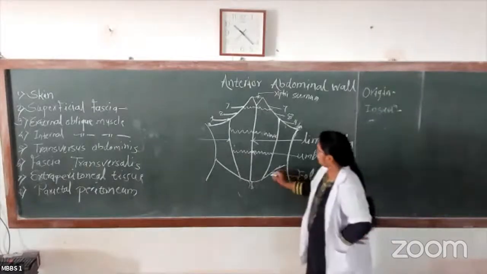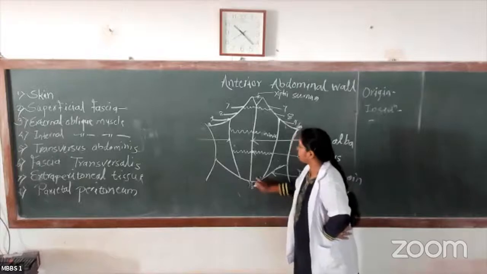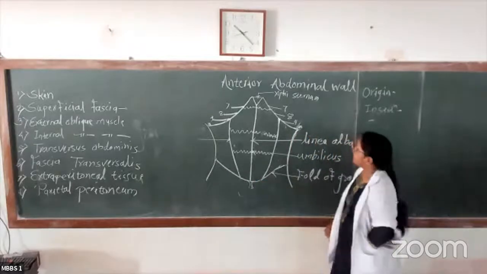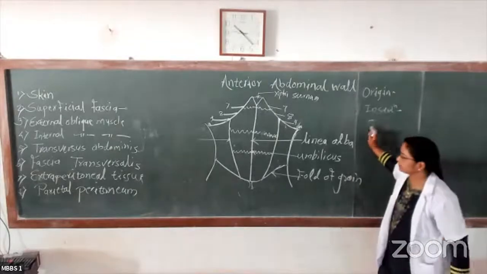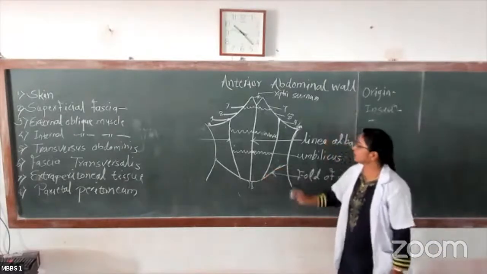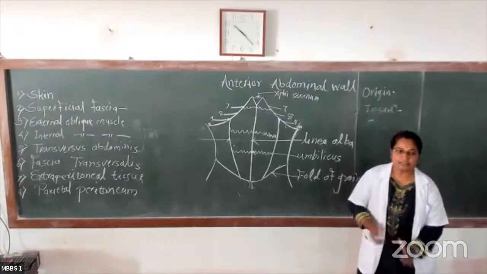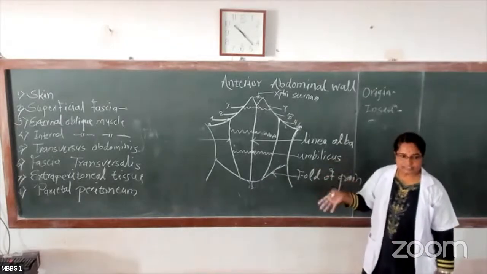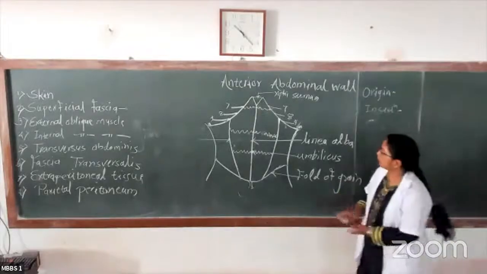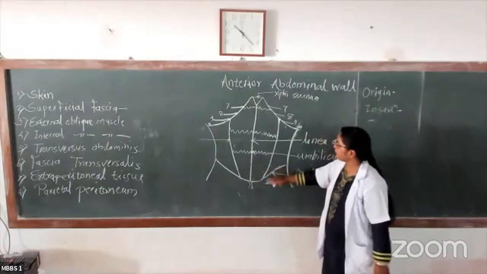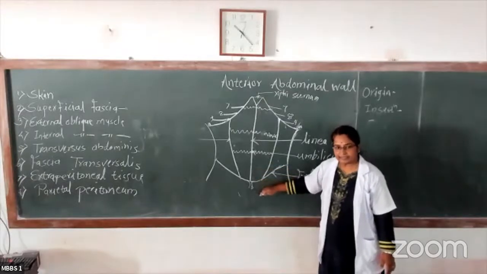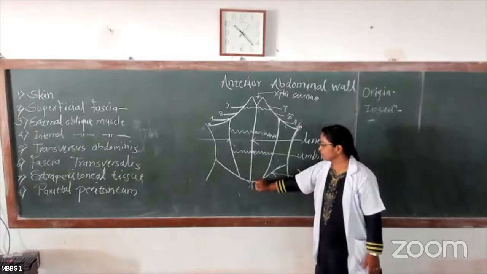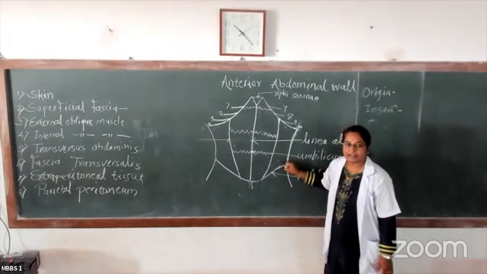Now above the pubic crest, there is one triangular opening in this inguinal ligament. The inguinal ligament is nothing but the aponeurosis of the external oblique muscle; its lower part folds back on itself, and thus the inguinal ligament is formed, which extends from the pubic tubercle to the anterior superior iliac spine.